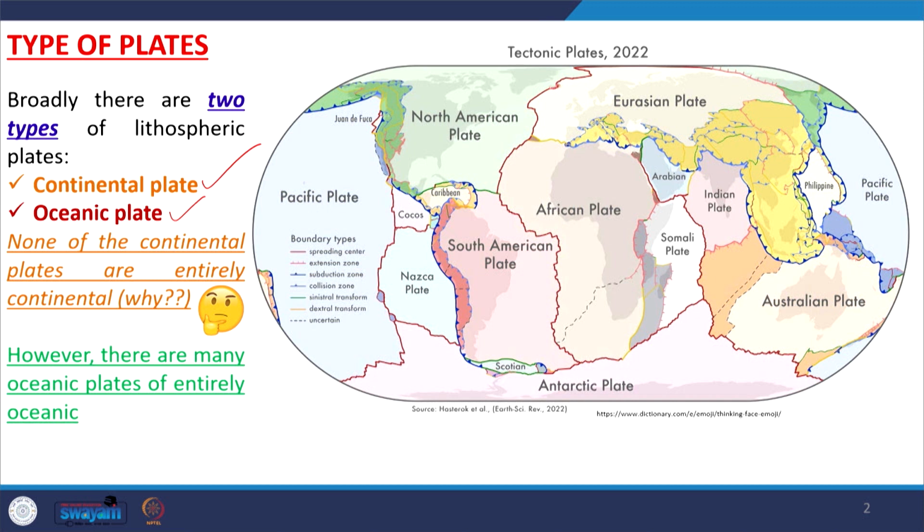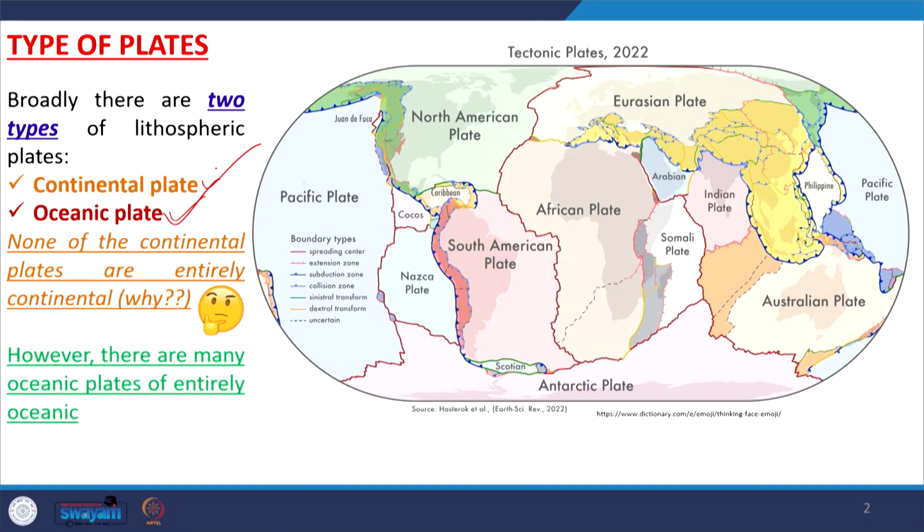That means this crust is continental crust, and the lithosphere, this Moho and the upper part of the upper mantle, constitute the continental plate. Similarly, once I say it is an oceanic plate, that means it is mostly composed of oceanic lithosphere, that is, the oceanic crust itself, the Moho and the upper part of the upper mantle.